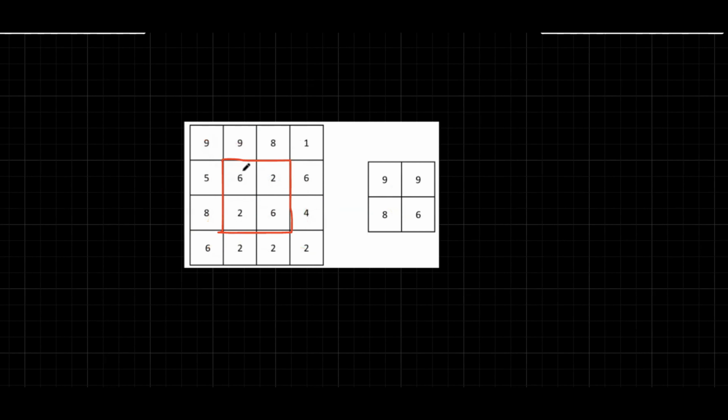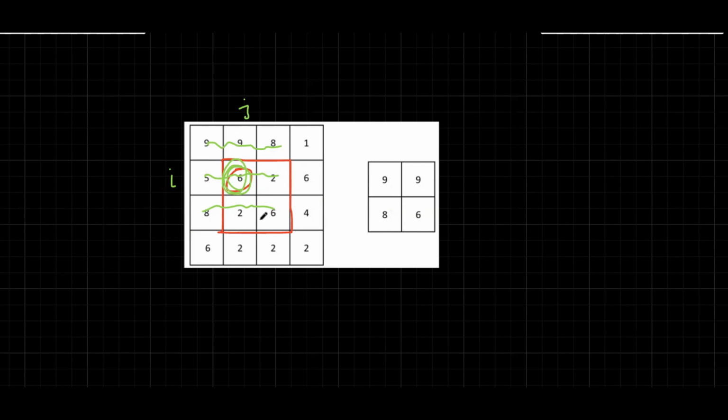Now, in each iteration, we will simply run another nested loop, say with i and j. For this 6, the nested loop will run over these 3 rows, covering these 9 cells.